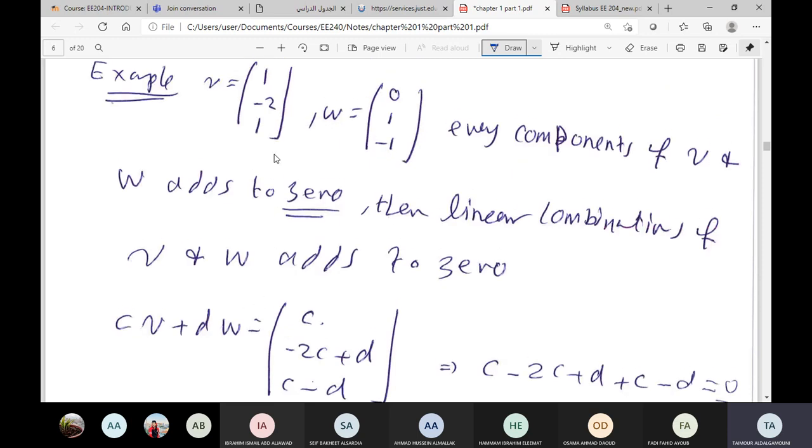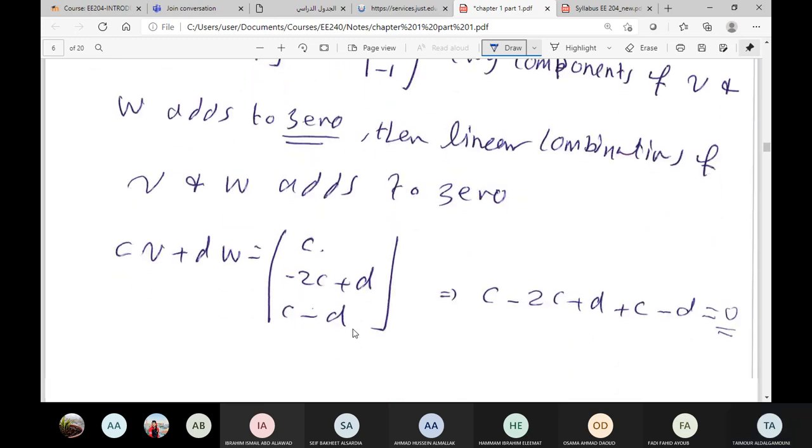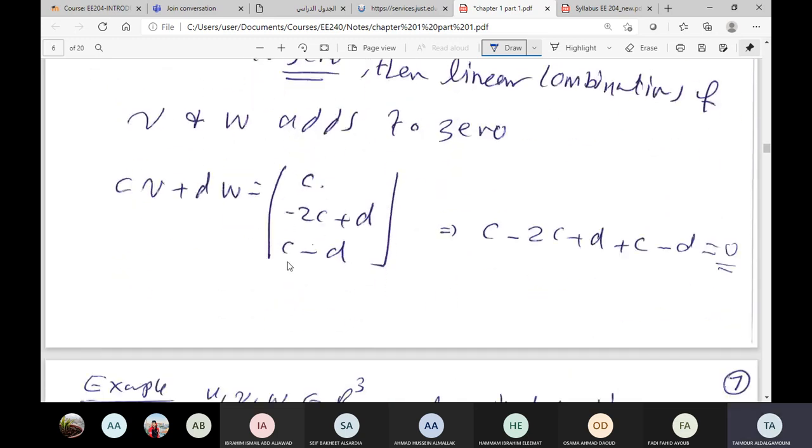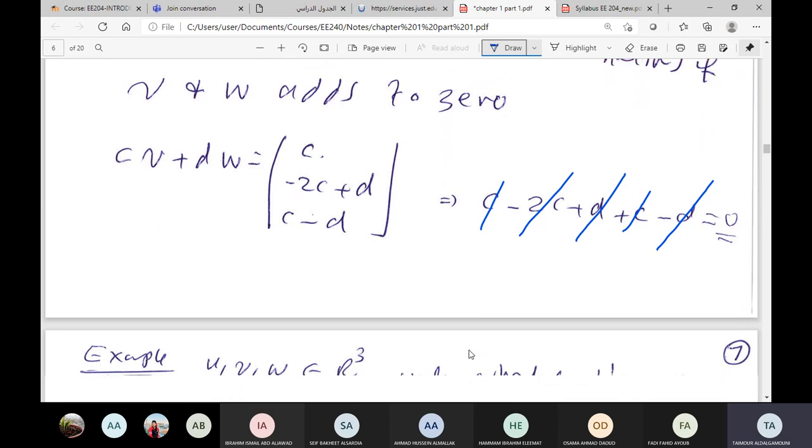So if you multiply V by C, we'll have C, minus 2C, and C. If you multiply W by D, then it is 0, D, and minus D. If you add them, then you will get C, minus 2C plus D, and C minus D. If you add the components of this vector, you will have C minus 2C plus D plus C minus D. Then C minus 2C plus C will go to 0, and D minus D will give us a 0.